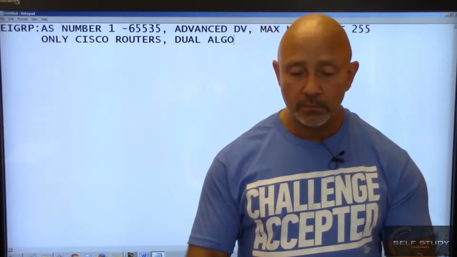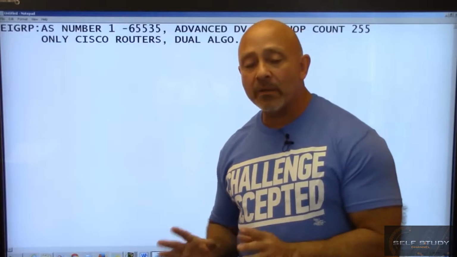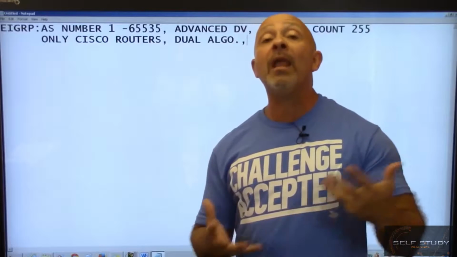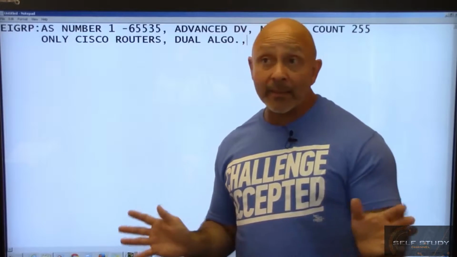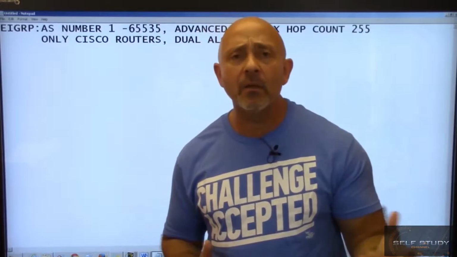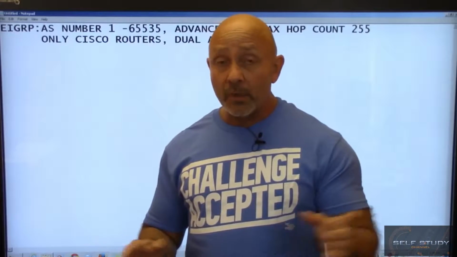Now, the algorithm is DUAL, the dual algorithm. Because of the DUAL algorithm, it does a lot of calculations, unlike RIP, which didn't pay attention. The only thing it cared about is how many hop counts, how far away are you, and which direction should I go? Boom, that's it. It will load balance if there's nothing in between. Because remember, what's the shortest path from a source to a destination?